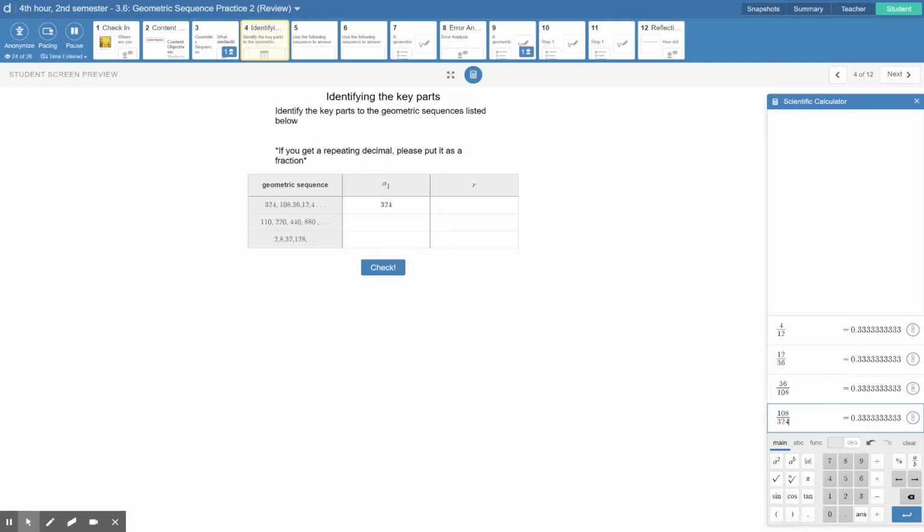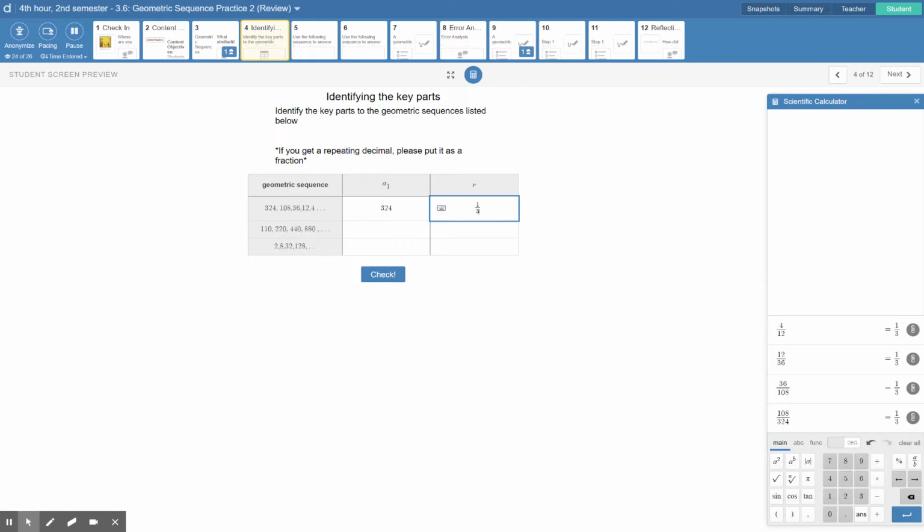Now the reason why I know that I'm dividing right away is because I'm telling you it's geometric. So we don't have to find if it's arithmetic or geometric. I'm telling you it is geometric. So find the common ratio, which is 1 over 3.